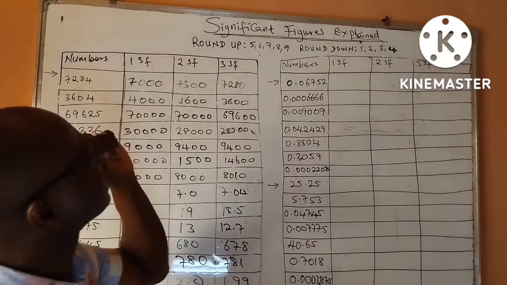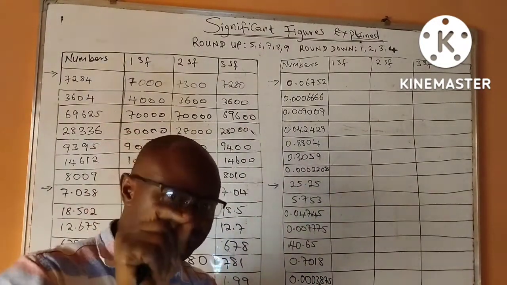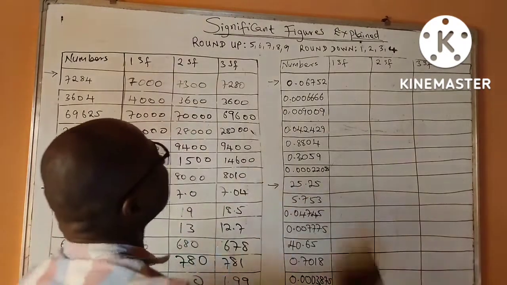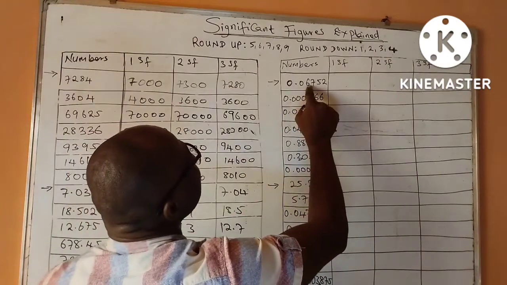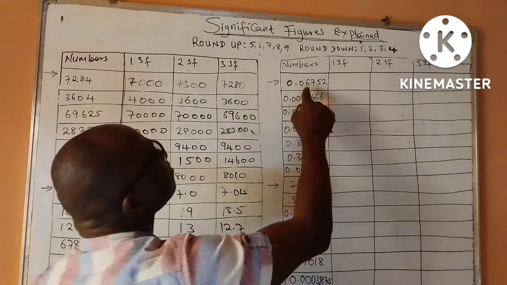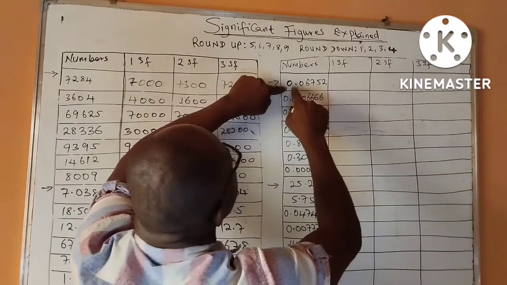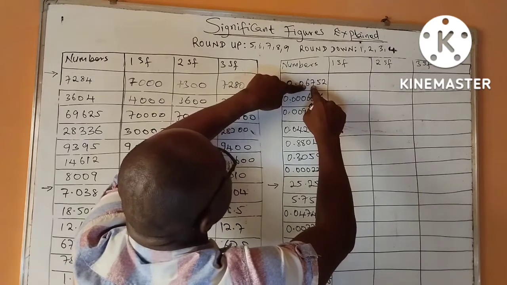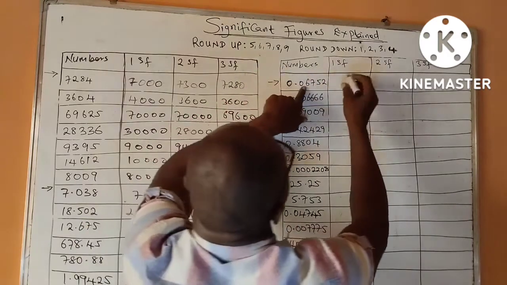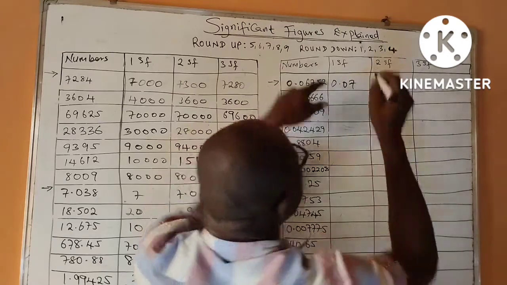Numbers less than 1. So we encounter zeros before a significant number. That means in counting, we count from that digit that is non-zero. So look at this. 1, 2 are all zero. So my count will start from here, from digit 6. So to one significant figure, I now count 1, 6, 1. Next digit is up to 5. I round it up here, so my answer becomes 0.07.